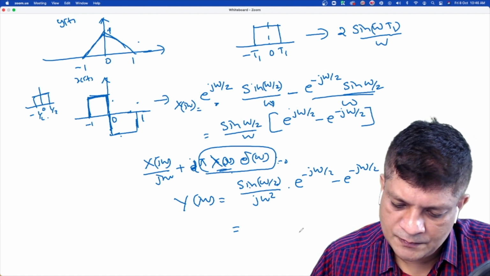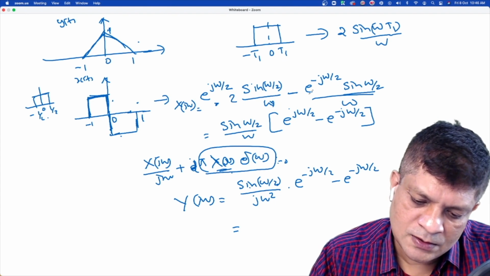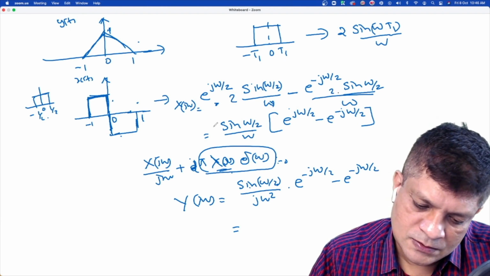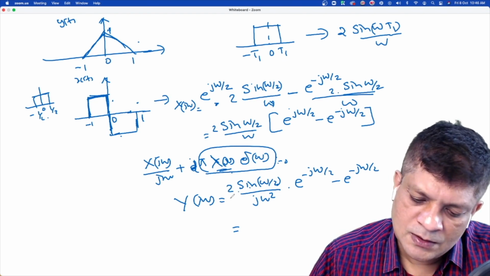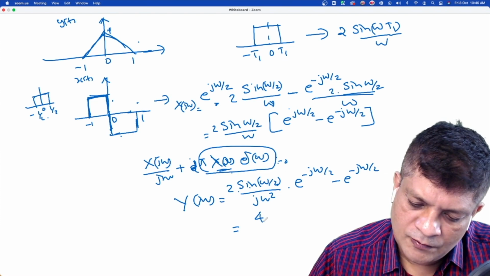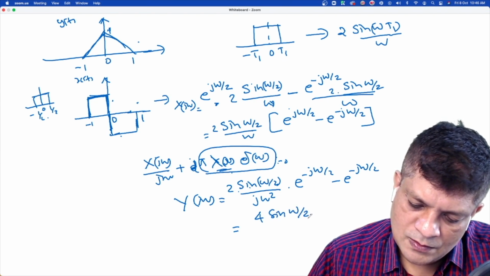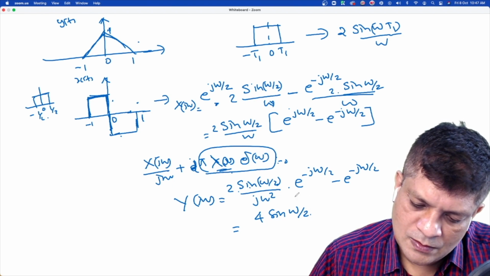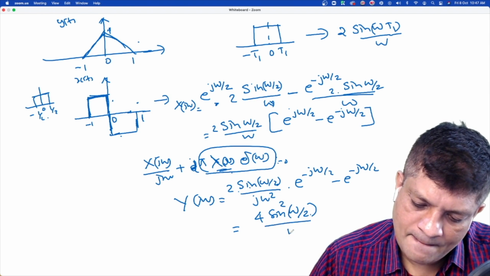There is some factor of 2 missing. Okay, there is a 2 here. So can we write this as 4 sine omega by 2, 2j?